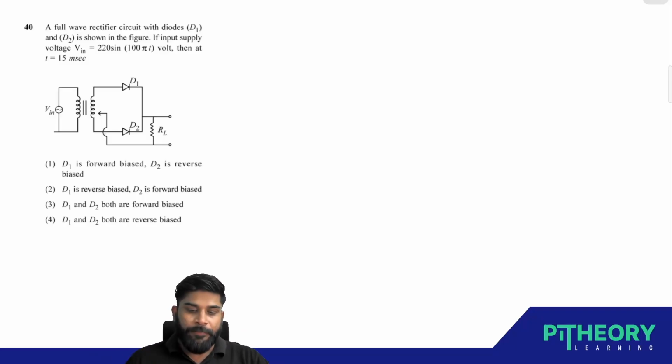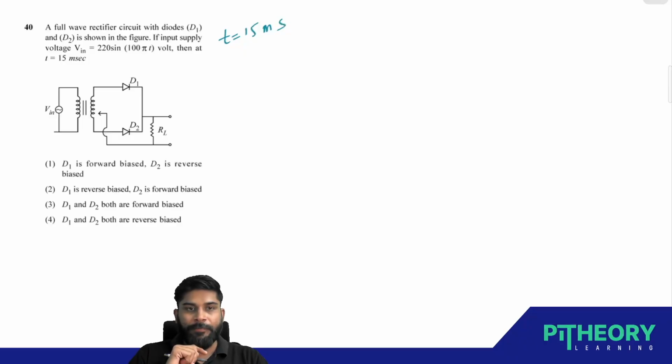Okay, so how can we approach this question? Very simple thing. At t equal to 15 millisecond, we will identify the input potential, and then what will be coming across the secondary of the transformer.